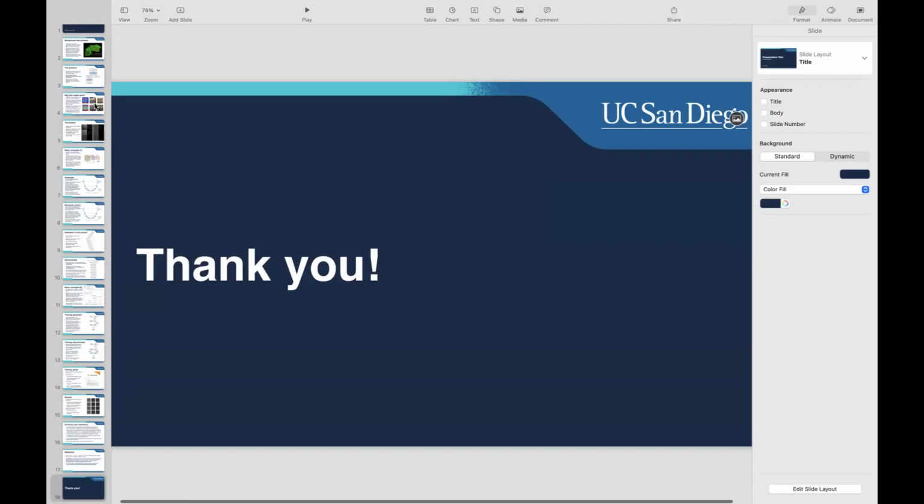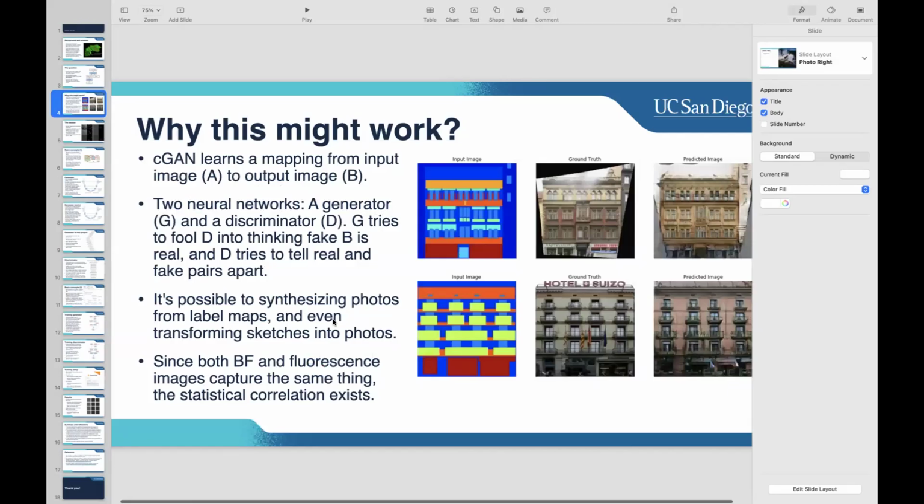There's enough features in here that tell me what the fluorescence is probably going to look like. So as I said in this page, they are essentially the same structure. So there have to be some statistical links. And I just read about this idea and I feel like because statistical links exist, this might work.